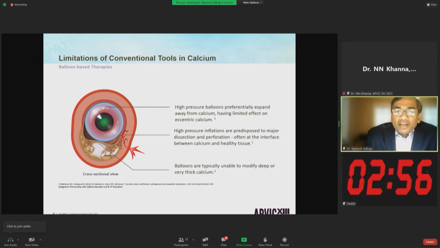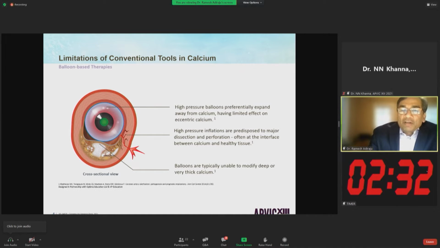Basically, looking at calcified disease, the calcium buildup is primarily due to vascular inflammation, and it's deeper. A lot of the devices and interventional techniques we have, including balloons and atherectomy, don't address the deeper calcium.